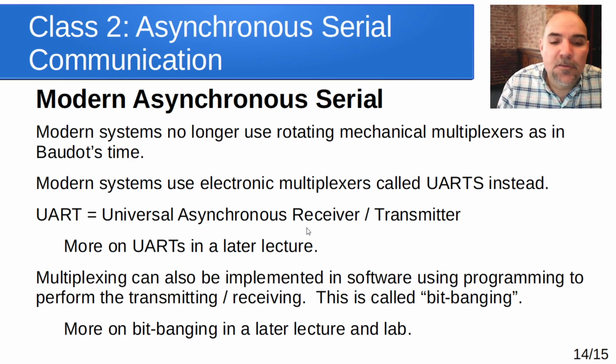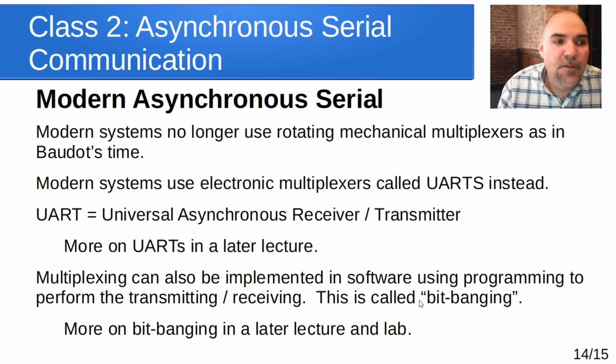Now, if you are using bit banging, then you can't really get quite the high rates you could get with something like a UART as easily, because with the UART, the hardware is handling the timing and the clocks and everything, so the computer doesn't have to. But if you're doing it in software, the timing between those bits becomes very important.